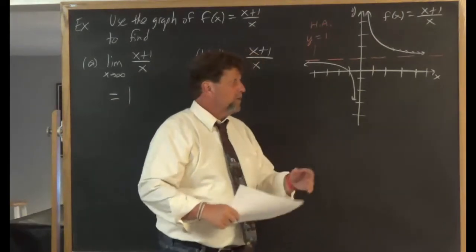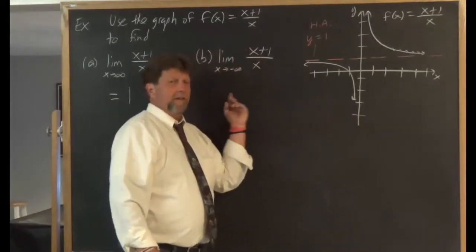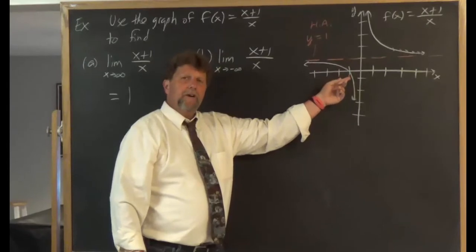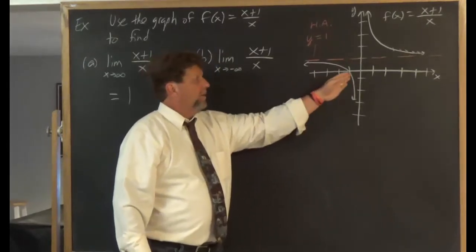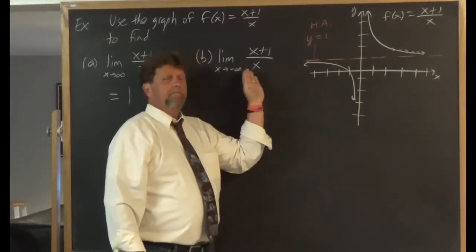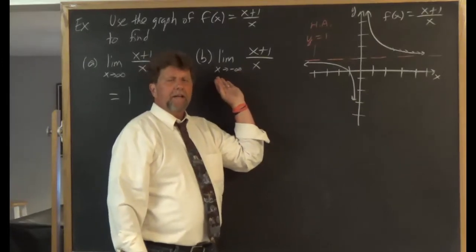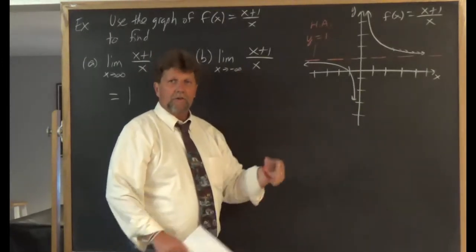All right, now what happens when x is heading off to negative infinity? We're letting the independent variable decrease without bound. Those x values are heading well past the federal debt. What are the y's getting closer to?